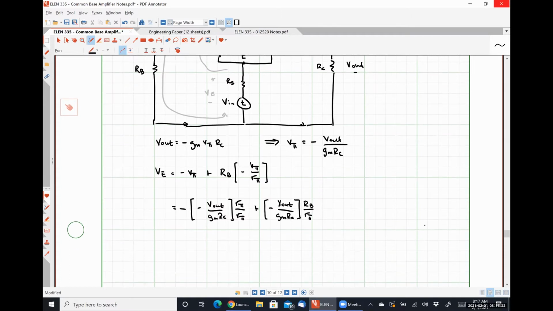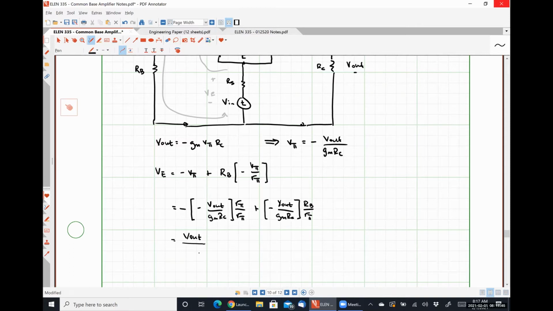And so I can see then that VE is equal to V out positive, because there is a negative sign. So I factor out V out, I'll have that there.